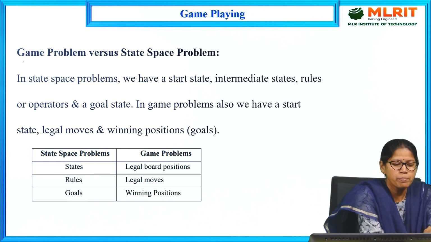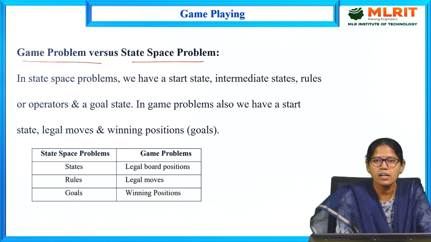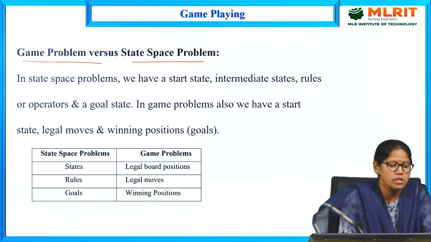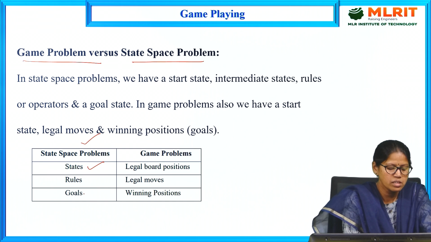Okay, game problem versus state space problem. In previous sessions, we have already seen the state space problem, where all the possible states are placed. The state space problem contains the states, rules, goals, start state, goal state, and certain rules to reach from the start state to the goal state.